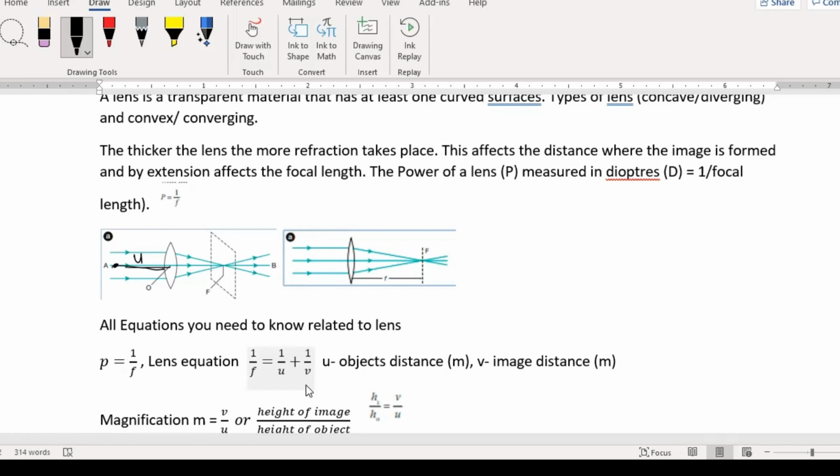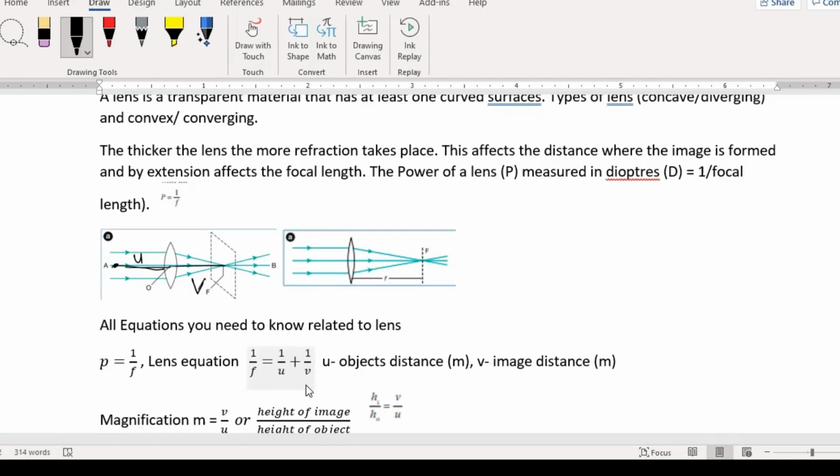Once that image is formed, it has some distance away from, or from behind, the lens. So you can measure that distance, and that distance would be your image distance. That symbol is V, as you can imagine.